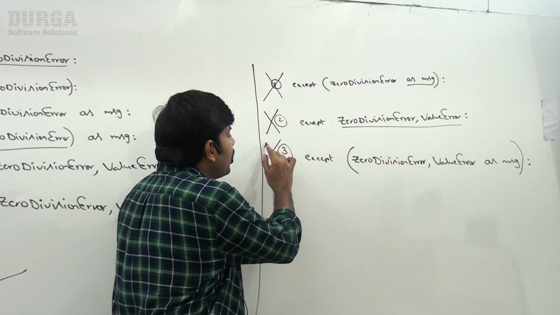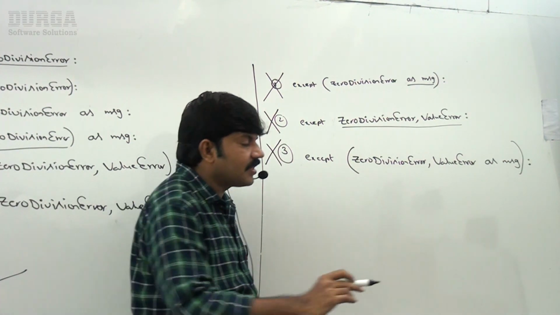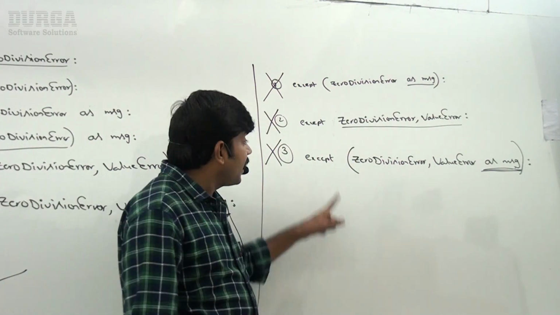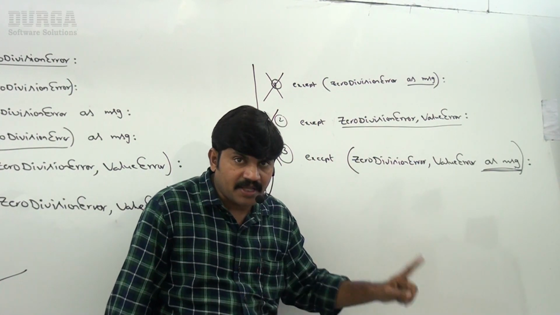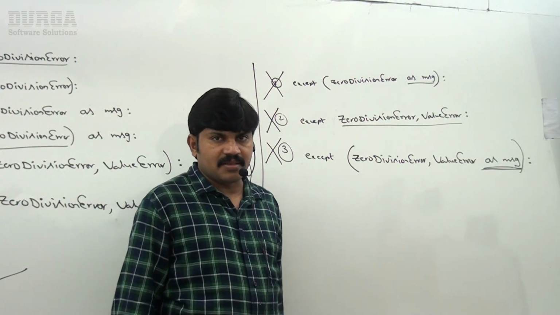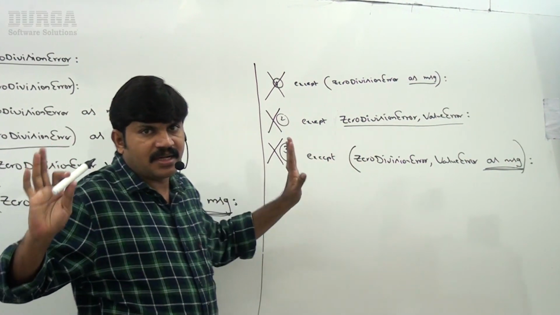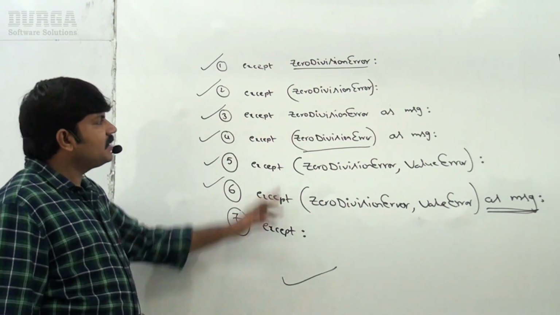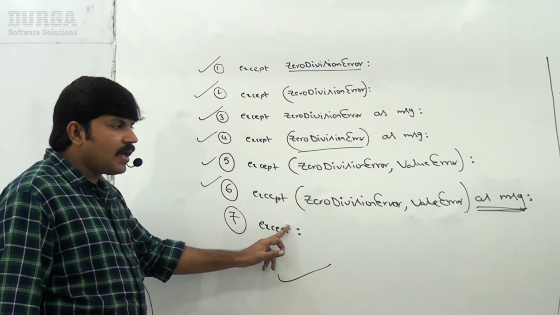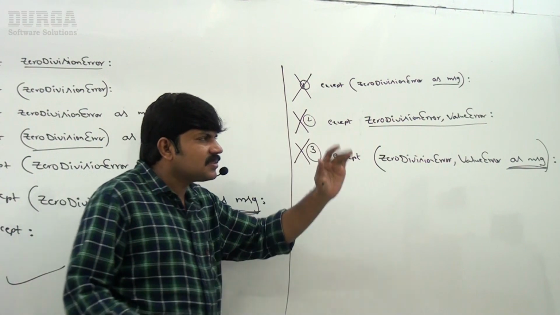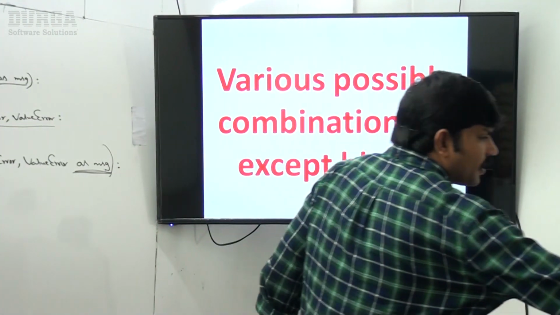This one is also invalid, but the reason for that is you are taking "as message" inside the parenthesis. Compulsorily, "as message" should be outside the parenthesis. Are you in the position to understand? So these are the various valid syntaxes and invalid syntaxes for the except block. So clear, right? Just have a look once about this.